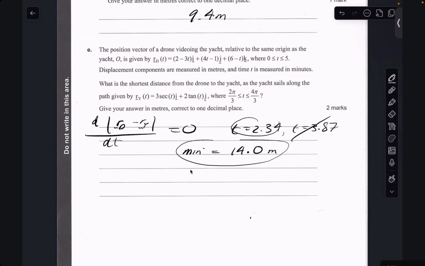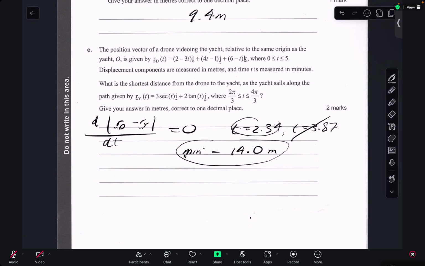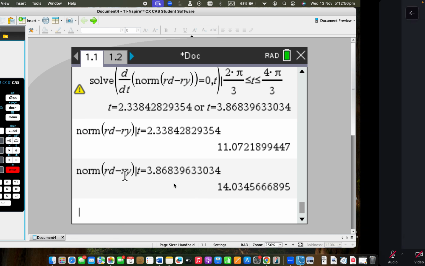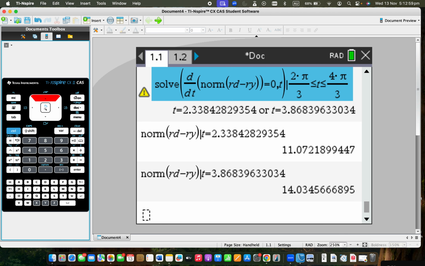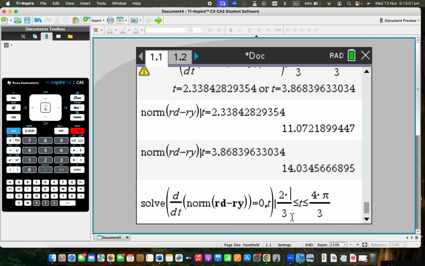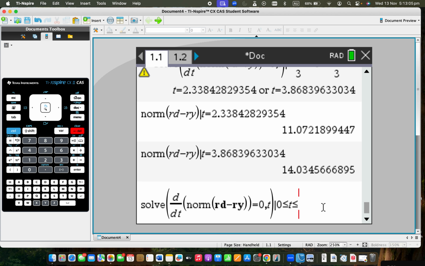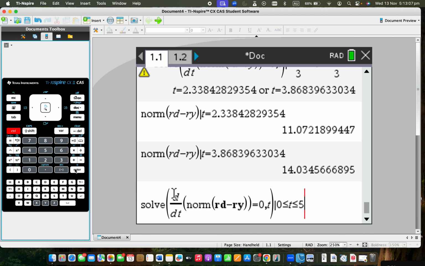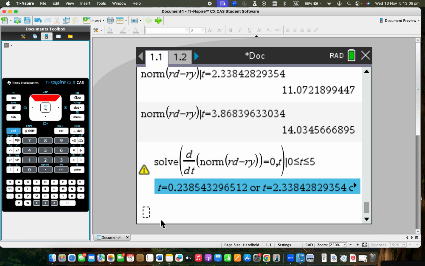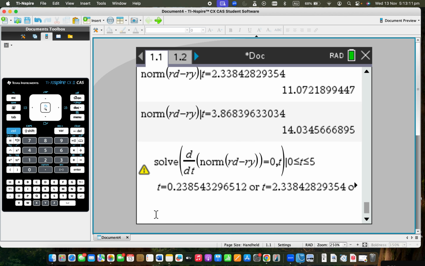So when that's 0, what about if I did it from 0 to 5? Well, we can't because it's not defined. The other one's not defined.